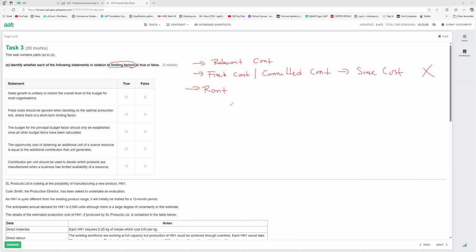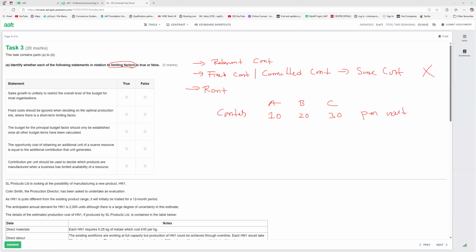When you calculate which product you would like to make, for example you have three products A, B, and C, let's say the contribution from A is 10, from B is 20, and from C is 30. That is contribution per unit.